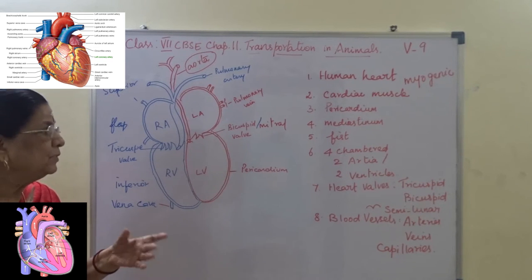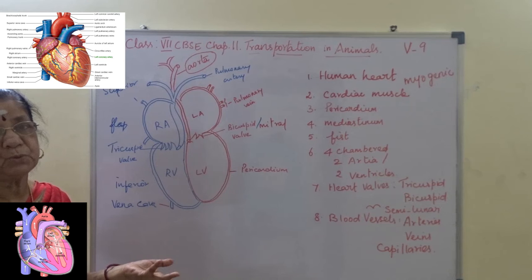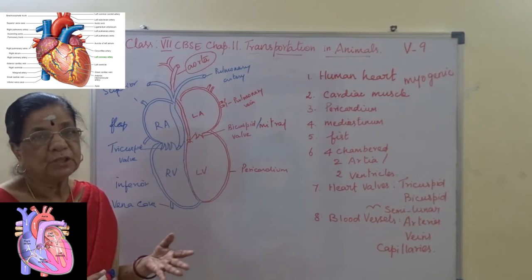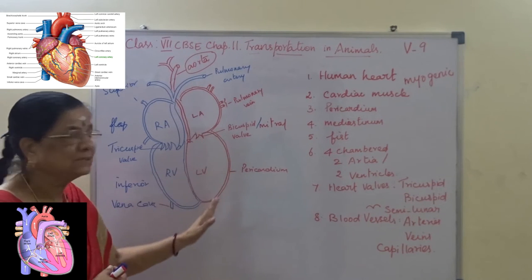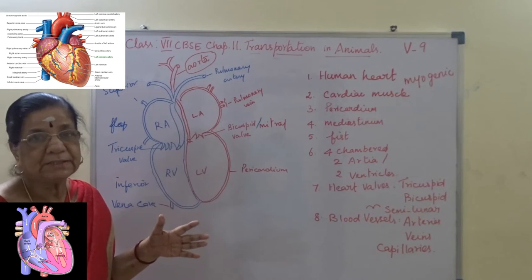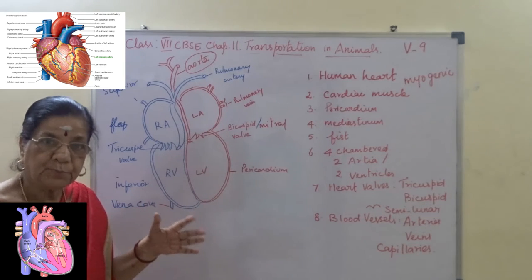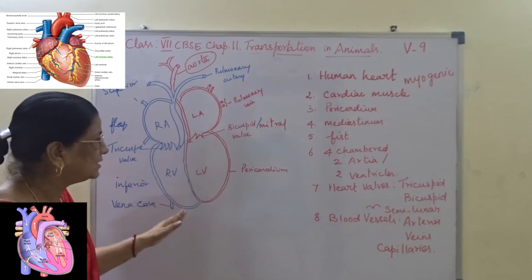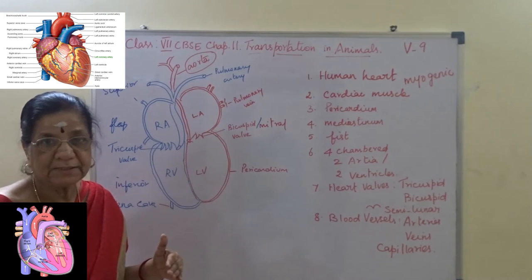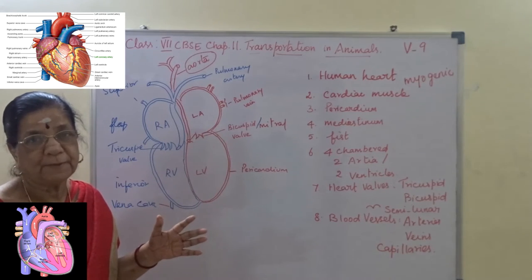Now the blood is circulating as oxygenated or deoxygenated blood. Otherwise we say pure blood or impure blood. So now the red ones are oxygenated blood or pure blood, whereas the blue ones are deoxygenated blood or impure blood. Okay.